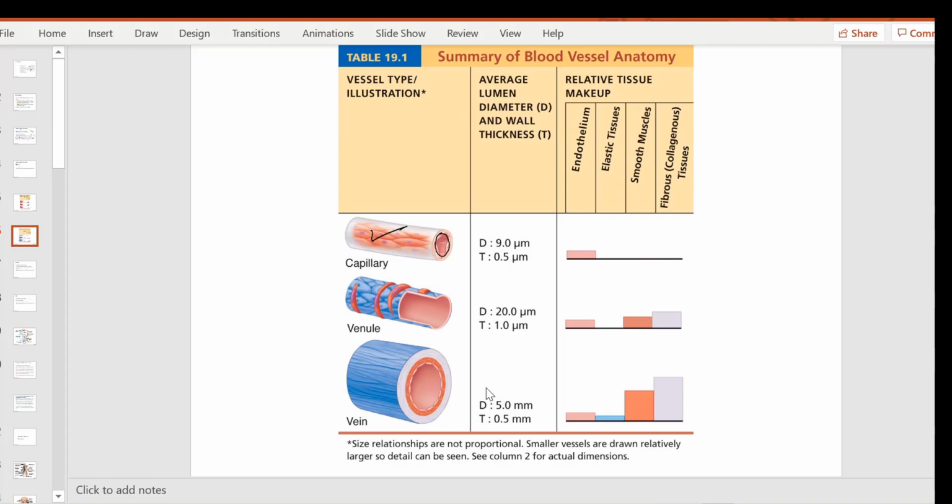And then small veins are called the venules. Okay, the wall of the venule is also very thin. You have a small amount of smooth muscle, that means a thin layer of smooth muscle, and the innermost layer is the endothelium, squamous cell layer. So that's the venule.